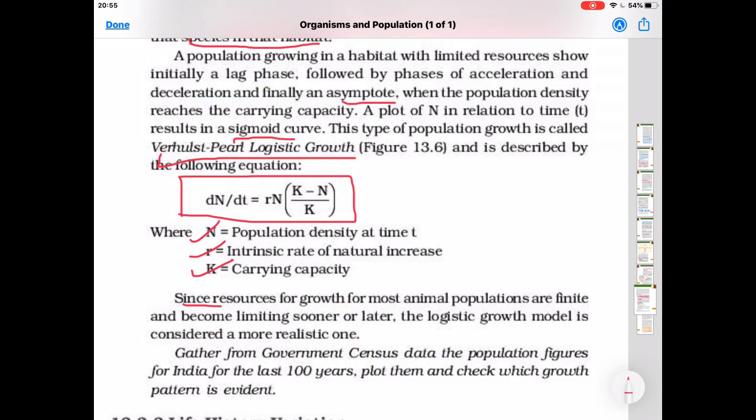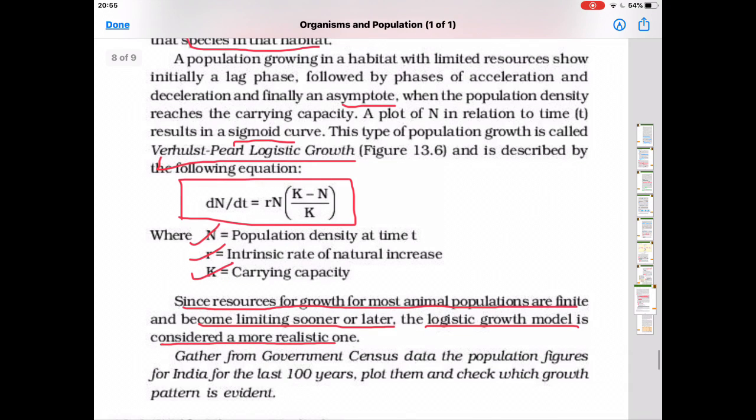Since resources for growth for most animal populations are finite and become limiting sooner or later, the logistic growth model is considered a more realistic one.